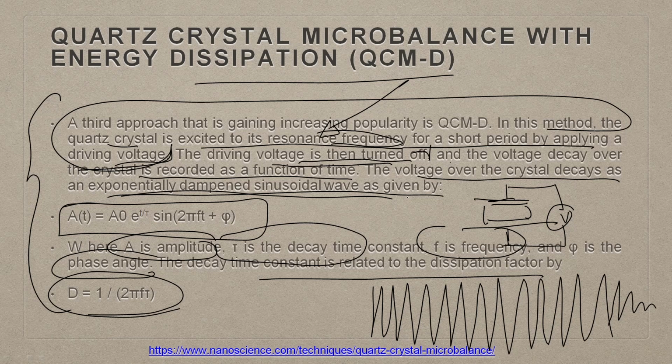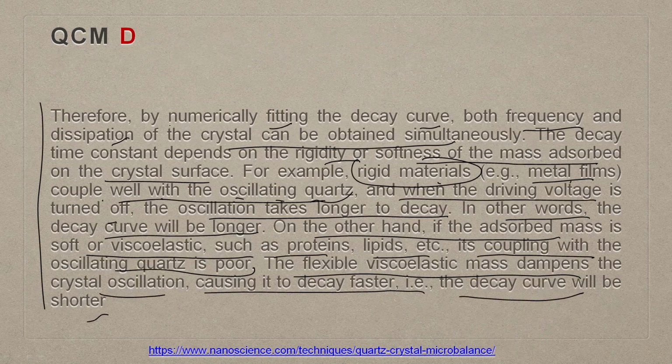Now, when we talk about numerically fitting the decay curve, both frequency and dissipation of the crystal can be obtained simultaneously. The decay time constant, remember this, depends on the rigidity or softness of the mass adsorbed on the crystal surface.